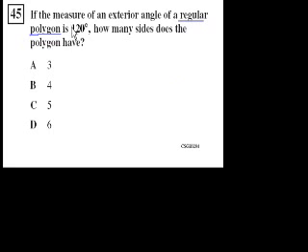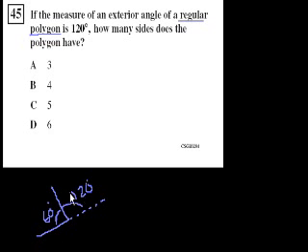Okay, so if we think about this being the vertex in question, the vertex of this polygon we're thinking about, and we want to measure its exterior angle, I'd extend one side of the vertex, and they're saying that that is 120 degrees. That tells me that the interior angle at that vertex is 60 degrees, right? It's the supplement to the exterior angle. So what regular polygon has all of its angles equal to 60 degrees?